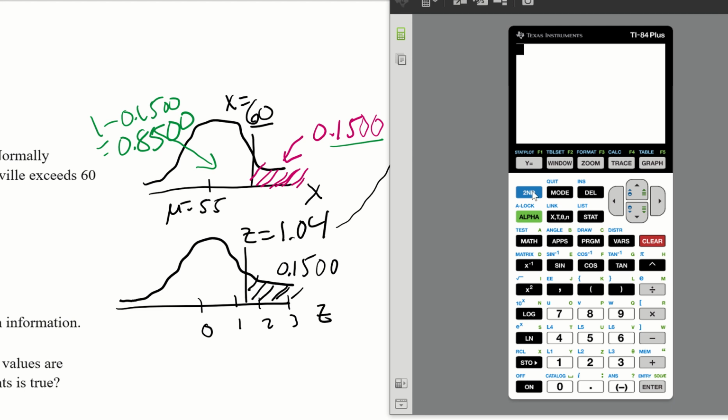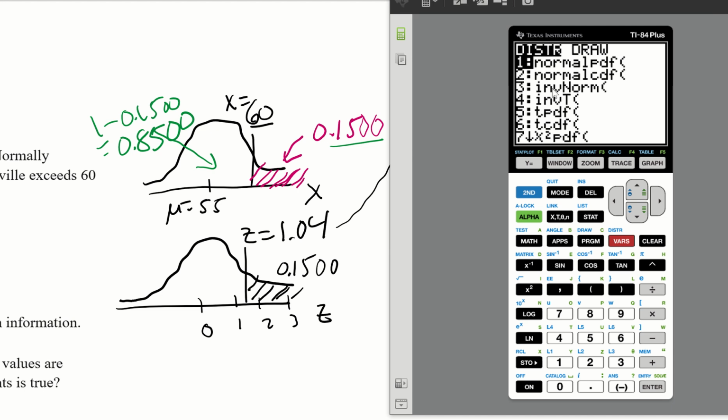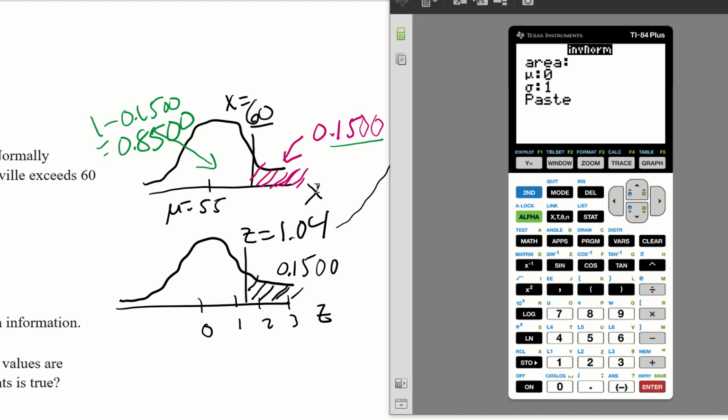So the first thing you're going to do is press second vars. Vars stands for variables. Now you're going to go to inverse norm. The inverse norm function gives you your x value or your z-score, whereas the other one gives you the area under the curve. So inverse norm, enter, and now for the area, we want to provide 0.8500, or we could just put 85.